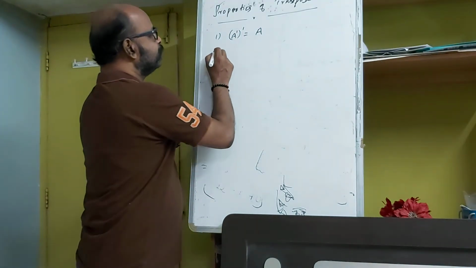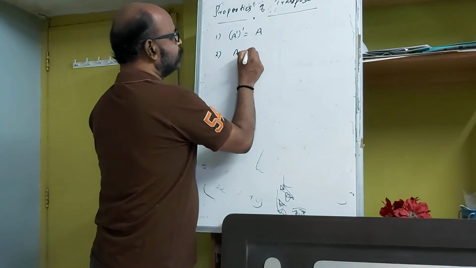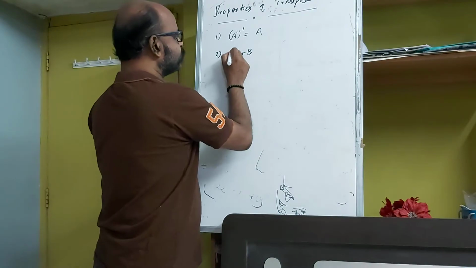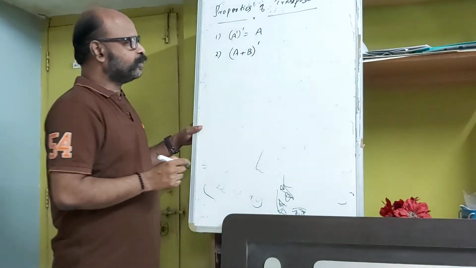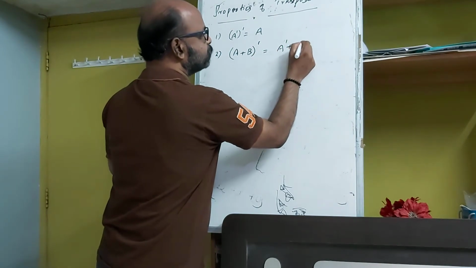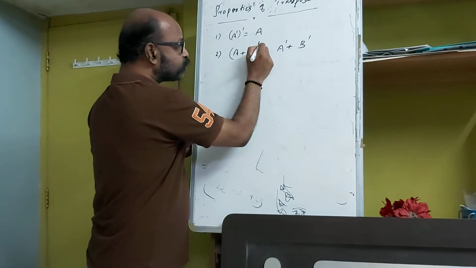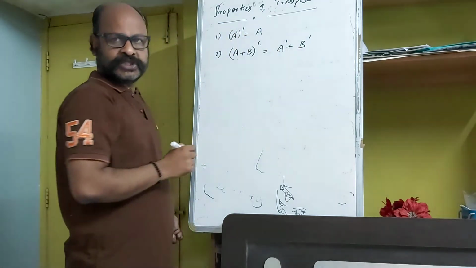The second property is, suppose we consider the sum of two matrices, A plus B, then A plus B the whole transpose is equal to A transpose plus B transpose. So what does it mean? Transpose of a sum is equal to sum of the transposes.